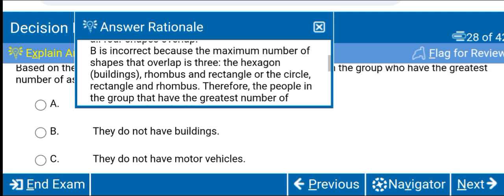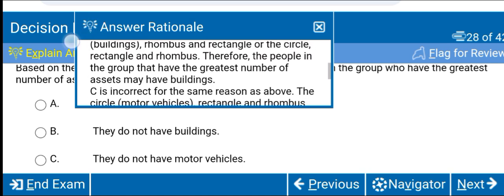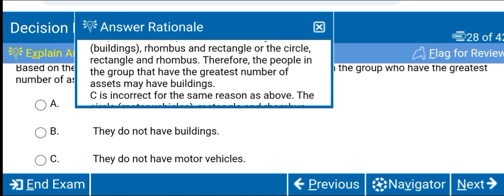Therefore, the people in the group that have the greatest number of assets may have the buildings. So that's why we have correct option.